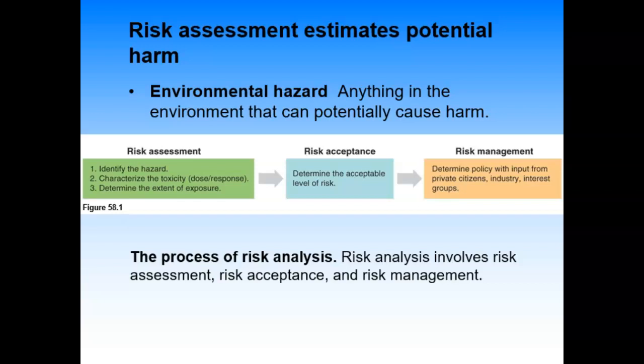It doesn't always have to be just related to humans. And we can look at risk analysis starting with risk assessment. So we want to identify the hazard itself, determine what is the acceptable level of risk that we are willing to take, and then how do we determine the policy and laws to prevent any major issues from happening.